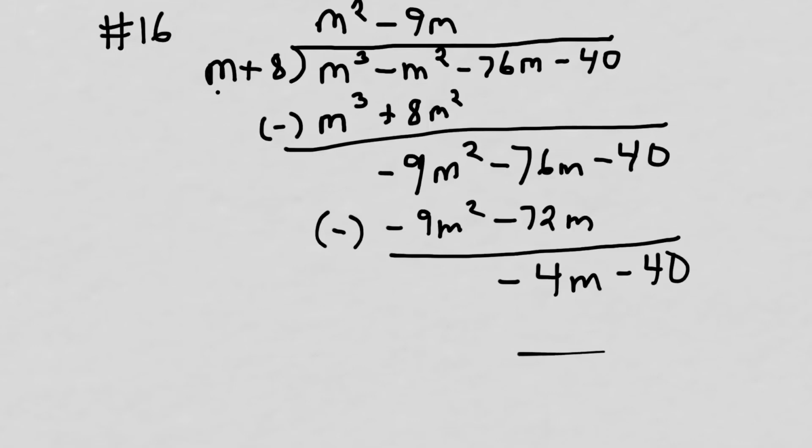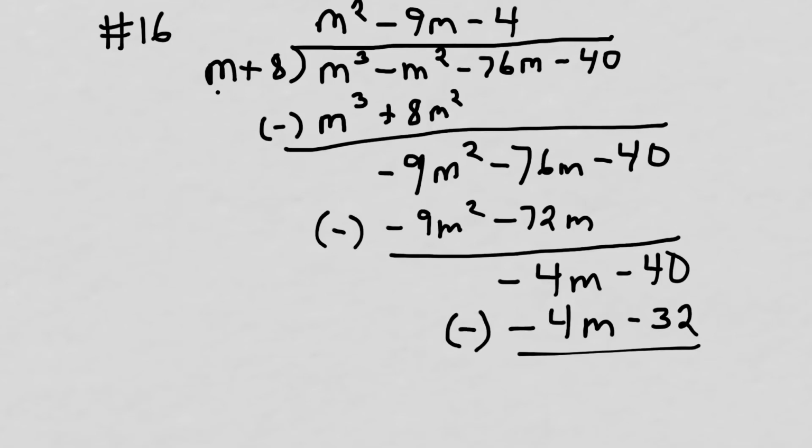All right. Set up my pivot one more time. What do I have to multiply m by to get negative 4m? Answer is minus 4. All right, let's do the math on this. Negative 4 times m is going to give me minus 4m. Negative 4 times 8 is going to give me negative 32. Right, subtract those.